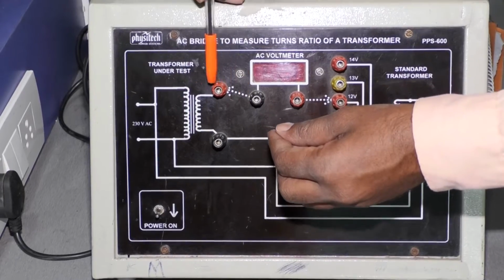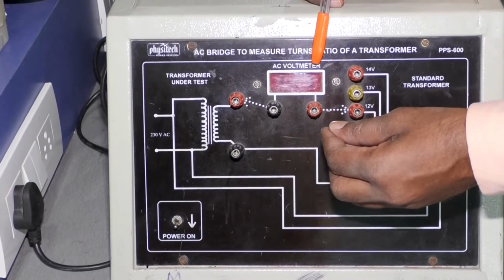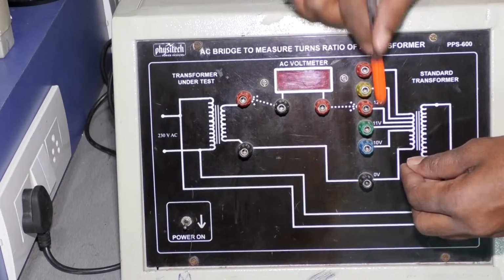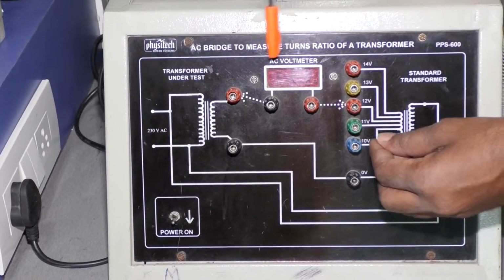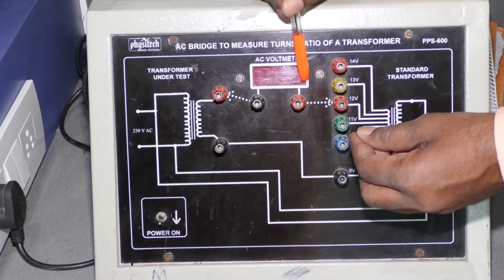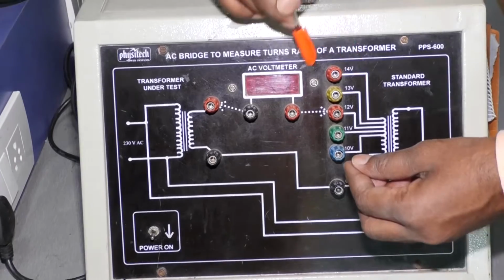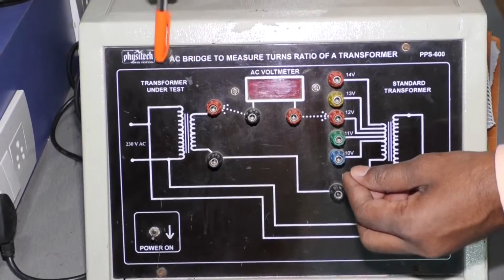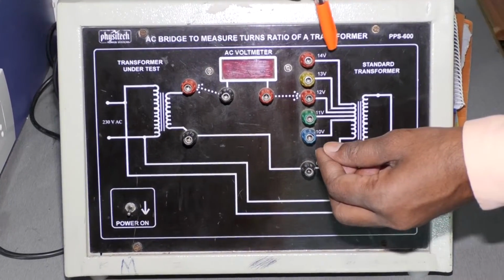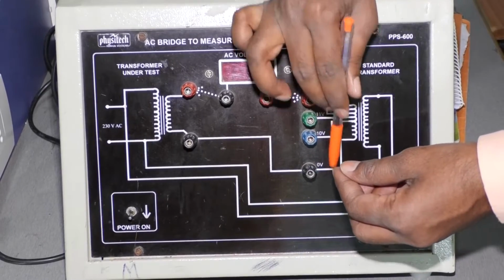To measure this V2 value, we are using the AC bridge and the standard transformer tappings. Here the AC bridge voltage indicates the potential difference between two points. If the transformer under test secondary winding voltage is VA, the standard transformer secondary winding voltages are the tappings already given.